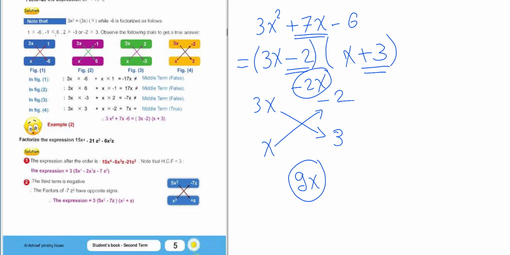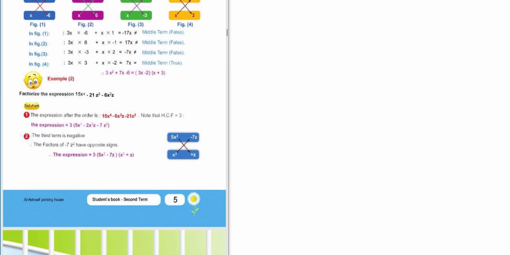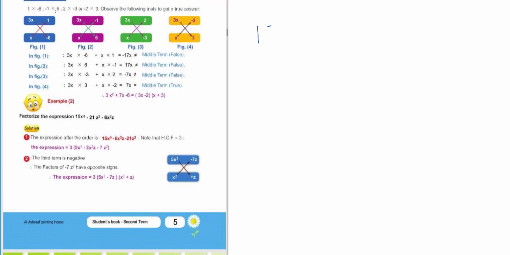Another example. x⁴ − 21z² − 6x²z. We learned that at first we must arrange the quadratic trinomial in descending order according to the exponent of the variable.